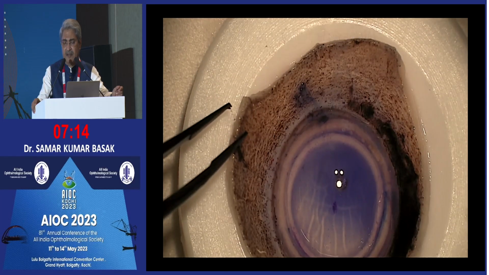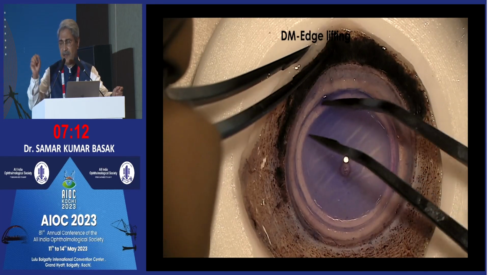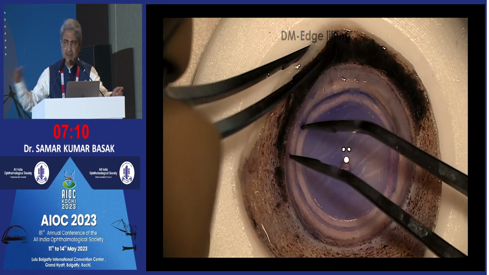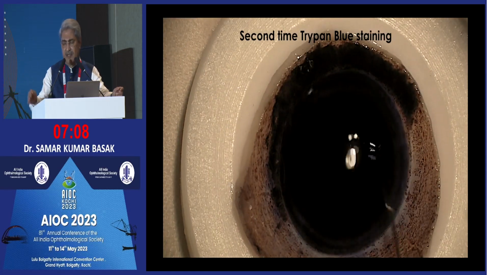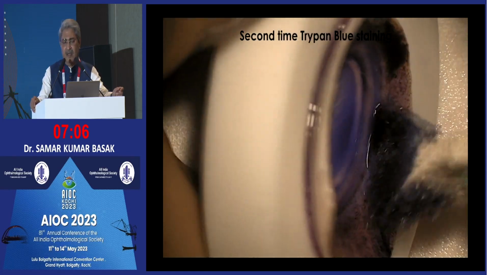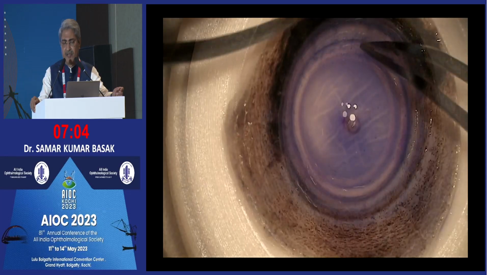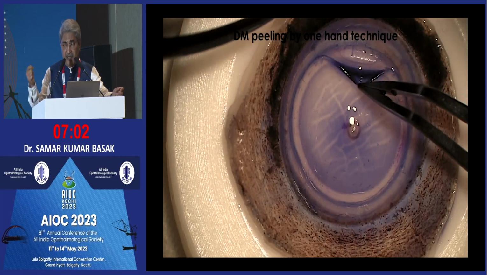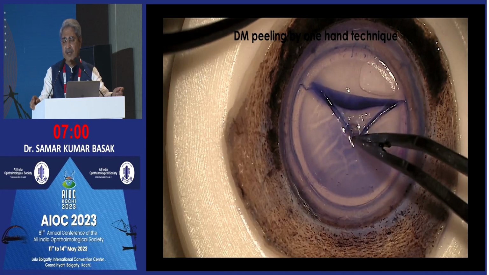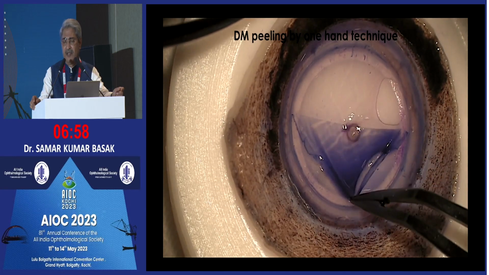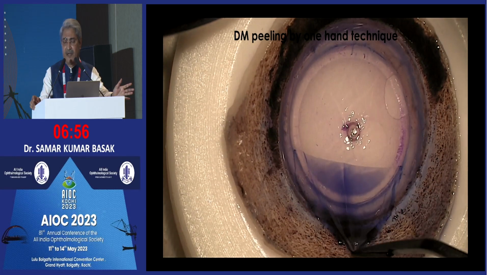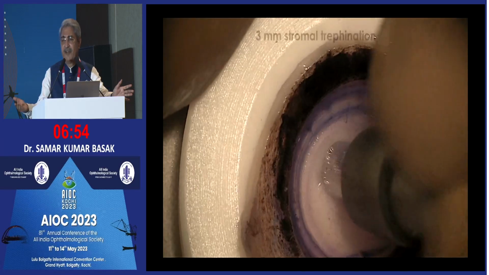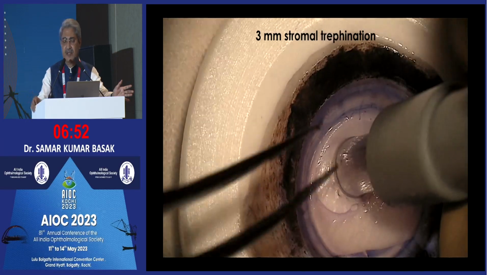This thing is very important: you first separate the extreme periphery. Then you need a lot of trypan blue staining to find the edge, and you can do it without any suction type of trephine. The bed should be dry, otherwise it slips.